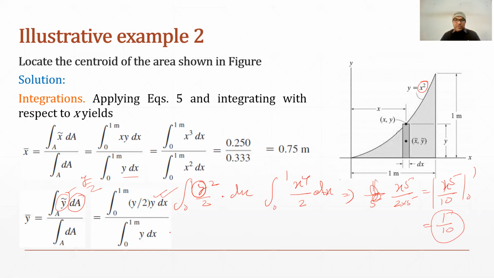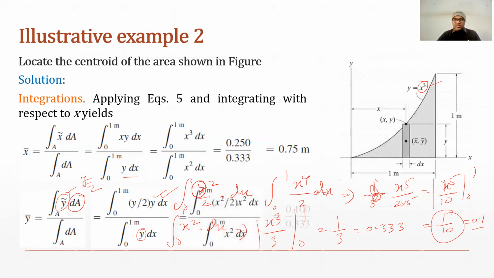Similarly, for the denominator, again replacing y with this value, we get x square into dx. So this becomes x cube by 3, and ultimately we get 1 by 3, which is 0.333. So this is 0.1, and 0.1 by 0.333 gives the answer 0.3. So this is our second coordinate.